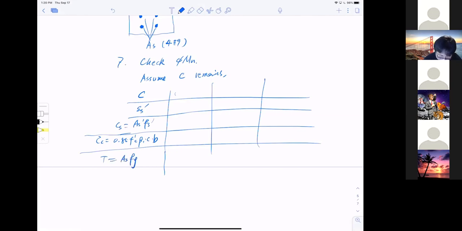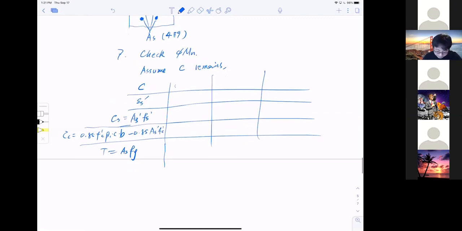And don't forget, I made a mistake already here: don't forget to subtract. CS prime, FS prime, minus 0.85 f'c AS prime.